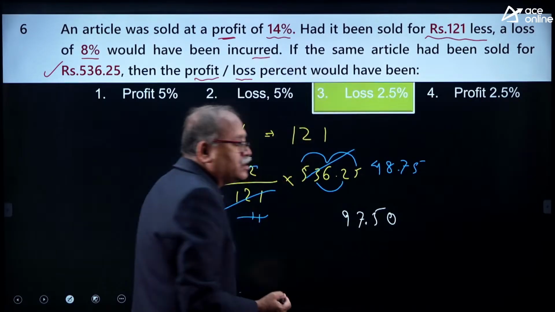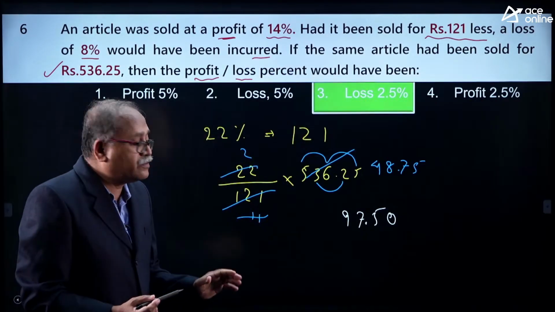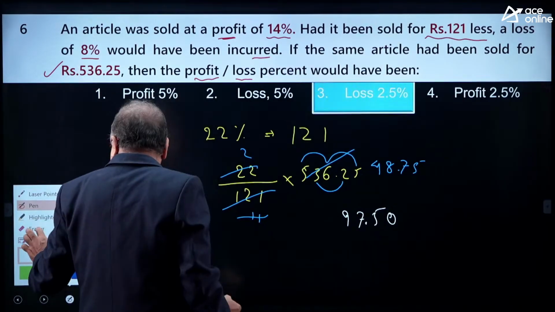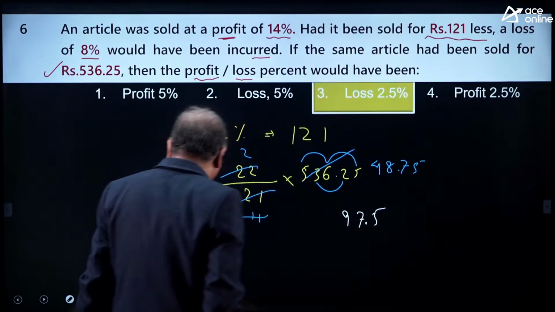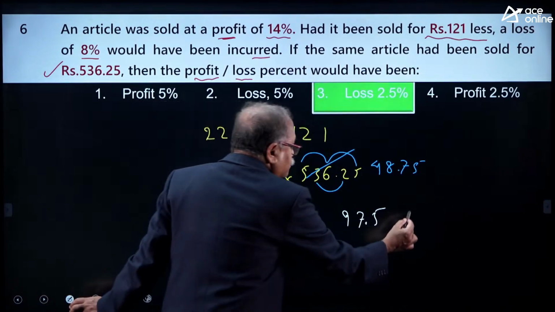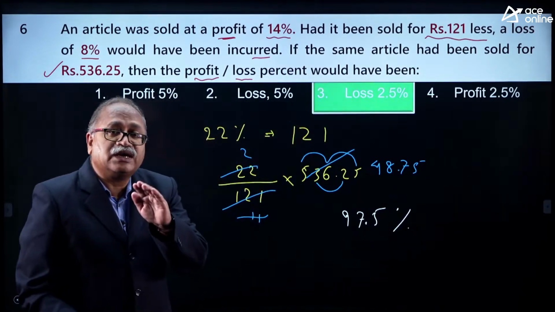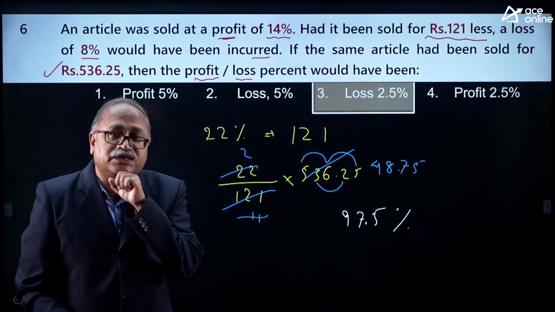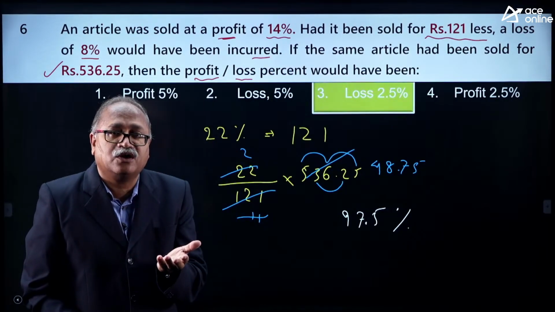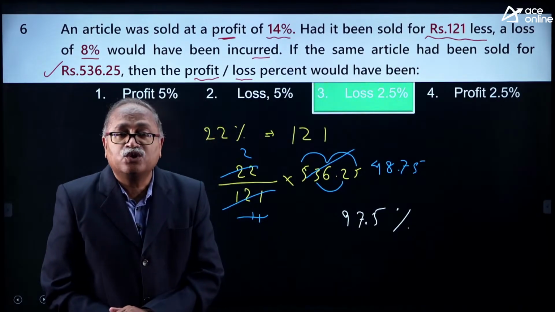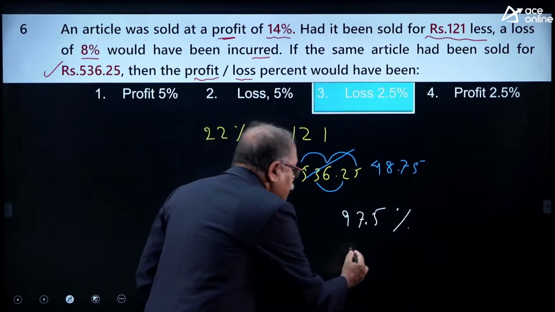That means it is 97.5%. So, this value is 97.5% of the cost price. If the selling price is 97.5% of the cost price, that means there is a loss. How much loss? 100 minus 97.5, which is 2.5% loss.